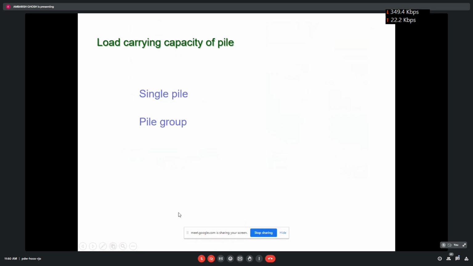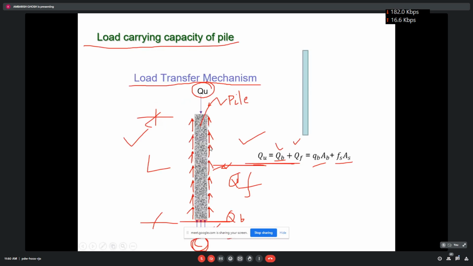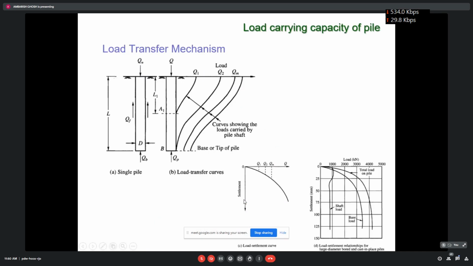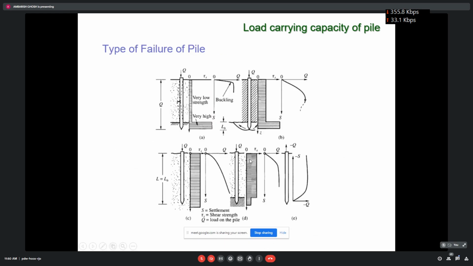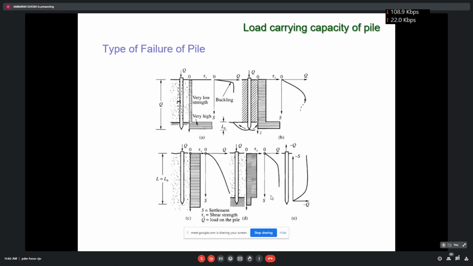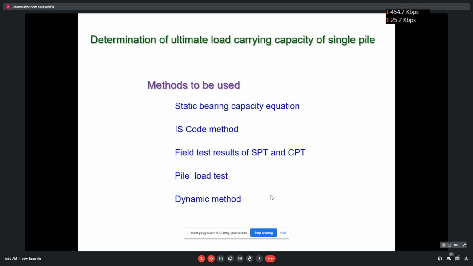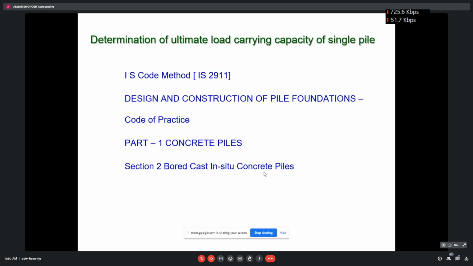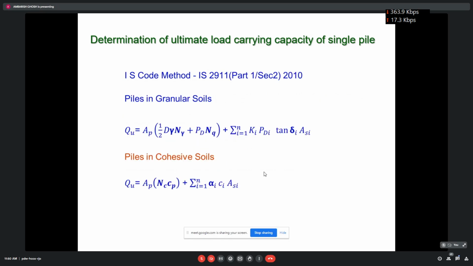So now we have gone for the load carrying capacity of single pile. We have already completed that. In single pile, the friction part and end bearing we have explained, and how the load carrying goes on and how we get the load settlement curve. Types of pile failure. Then we have explained the IS code method for calculation of the load carrying capacity of pile.